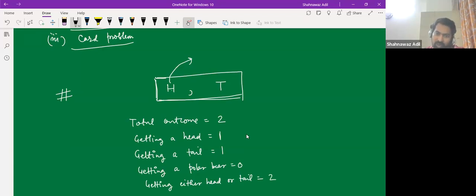So now the probability of getting a head is 1/2. The probability of getting a tail is 1/2. The probability of getting a polar bear is 0/2, which is 0.